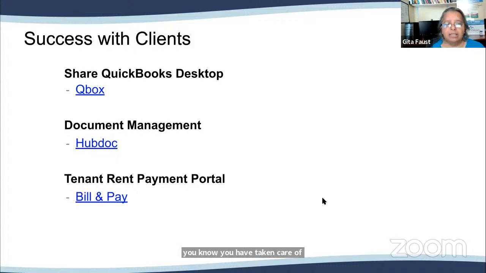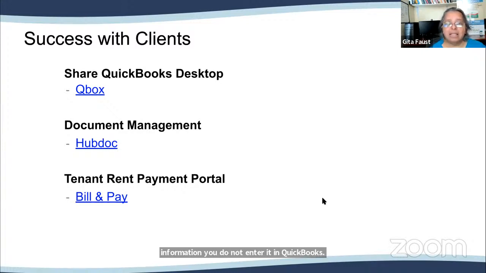Now, here's the little tip we have. We have 4 or 5 tags. I'm going to talk about only 2 tags right now in HubDoc. You create a tag for question and 1 for answer. So when you receive a document and you don't have all the information, you do not enter it in QuickBooks till you get the answer.